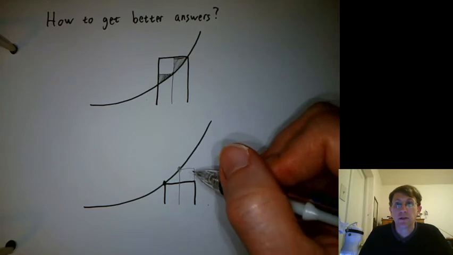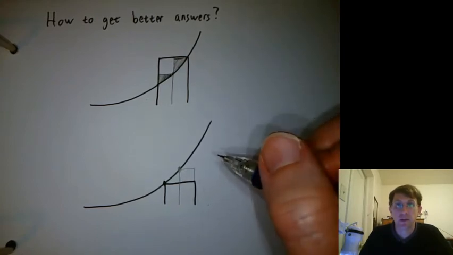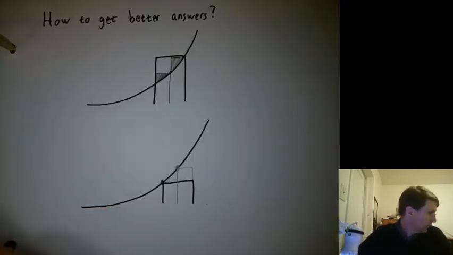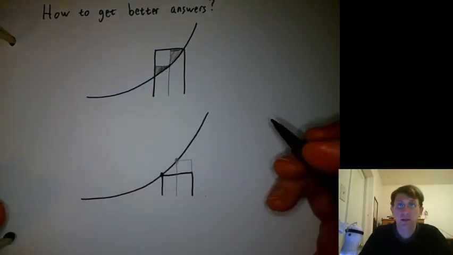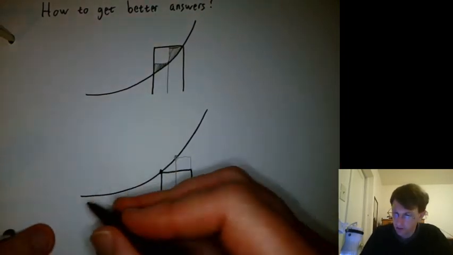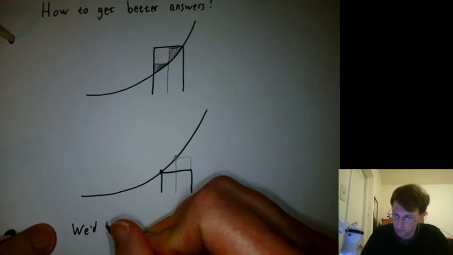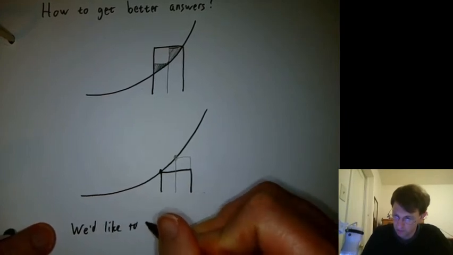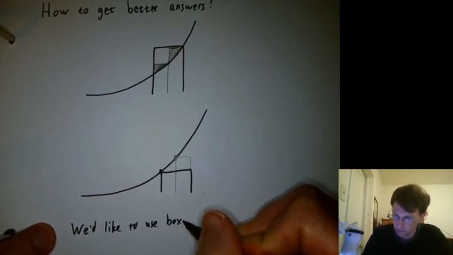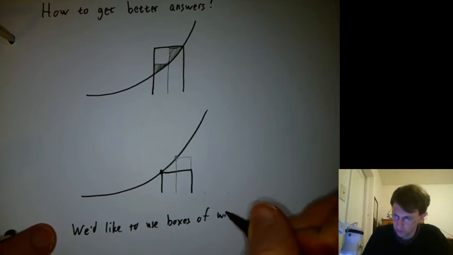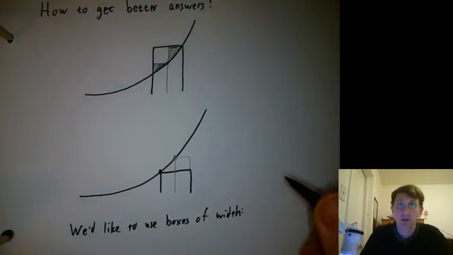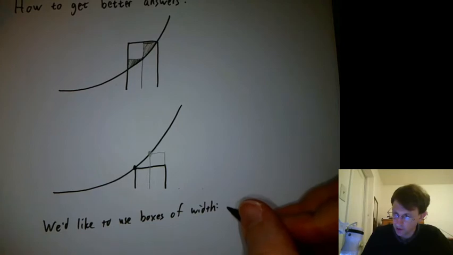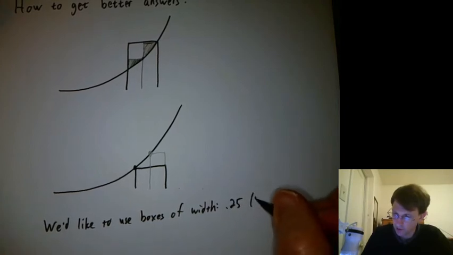So using skinnier boxes leads to less overshoot and less undershoot. And what can we say about that? We'd like to use boxes of what width? Well, we use boxes of width 0.25, 4 of them.